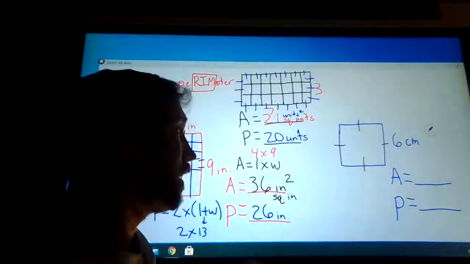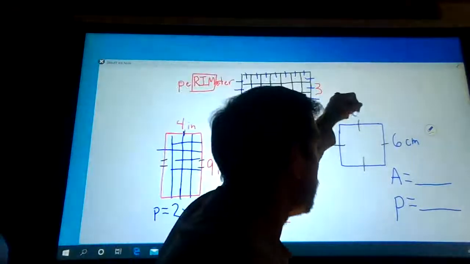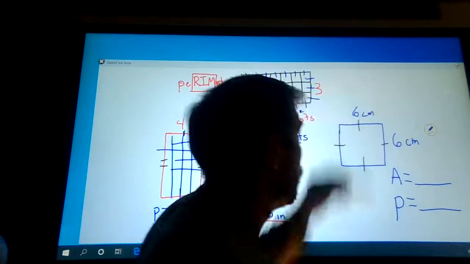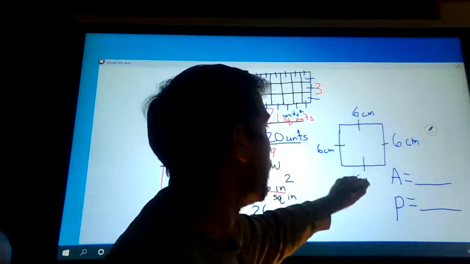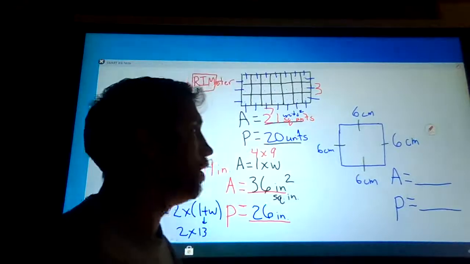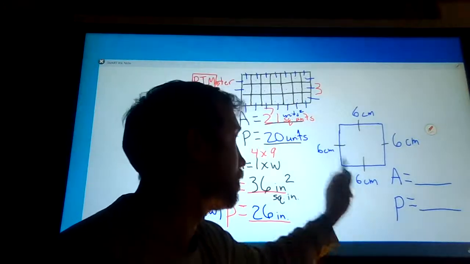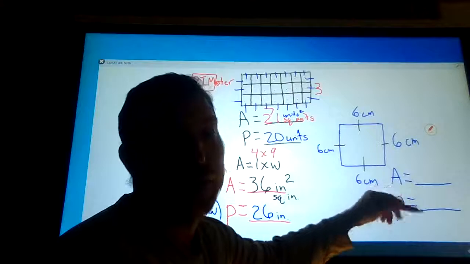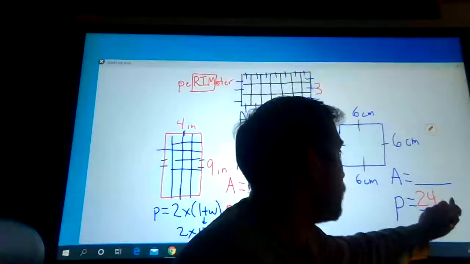So I don't really need to know the rest, all the different sides are 6. This side has to be 6, and this side has to be 6. So when I'm finding the perimeter, I'll do perimeter first. It's going to be 6 plus 6 plus 6 plus 6, or 6 times 4 in this case, which is 24 centimeters.